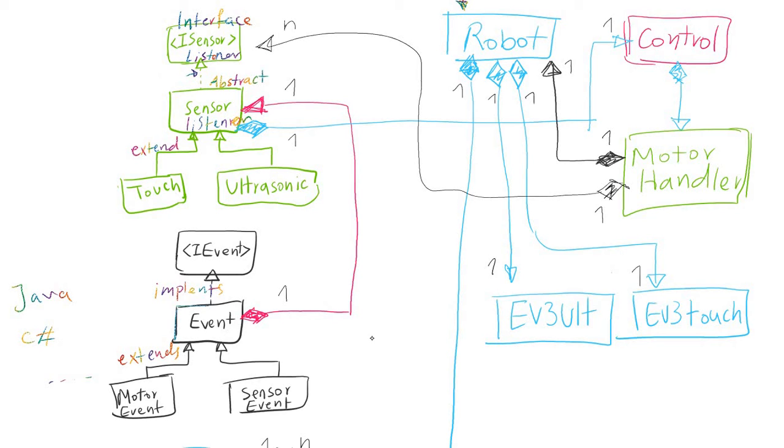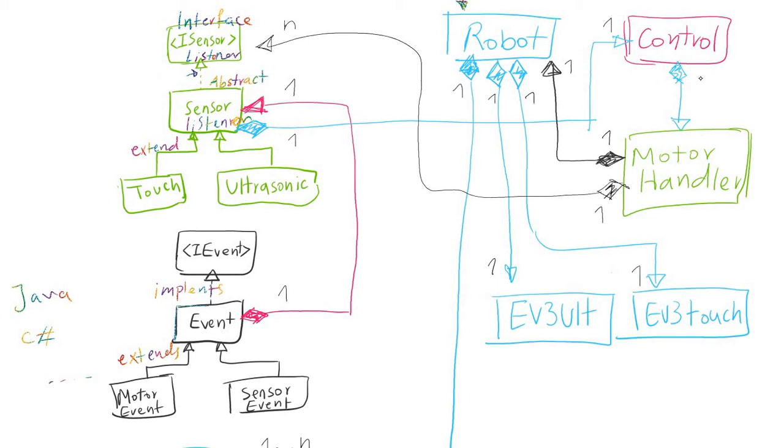The sensor listener is a property of an event, as the robot has three different properties, which I talked about at the beginning. And also, we have a control, and a sensor listener has a property, and the property is a control. The control has a property, a motor handler.